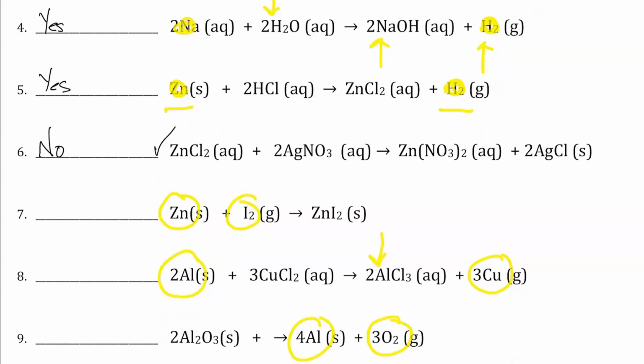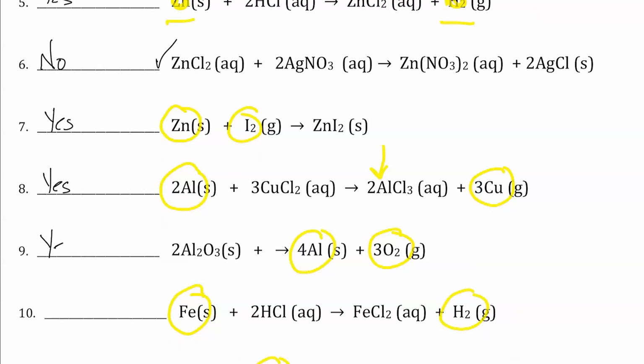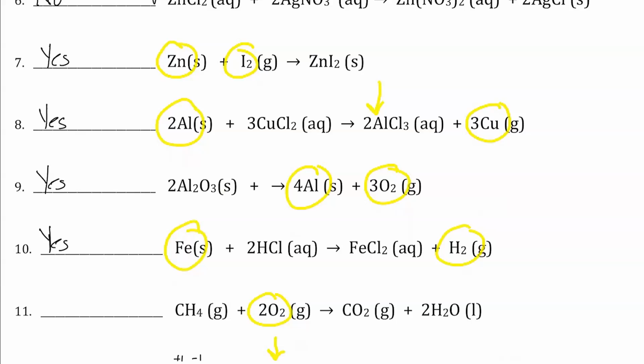It's not changing the oxidation state, so no. And of course, yes, even though that's a synthesis reaction, it's also redox. You see a standalone. Oxidation numbers are changing. Number 8, of course, yes. Number 9, yes, I think you get the idea. Number 10, yes. And number 11, yes.